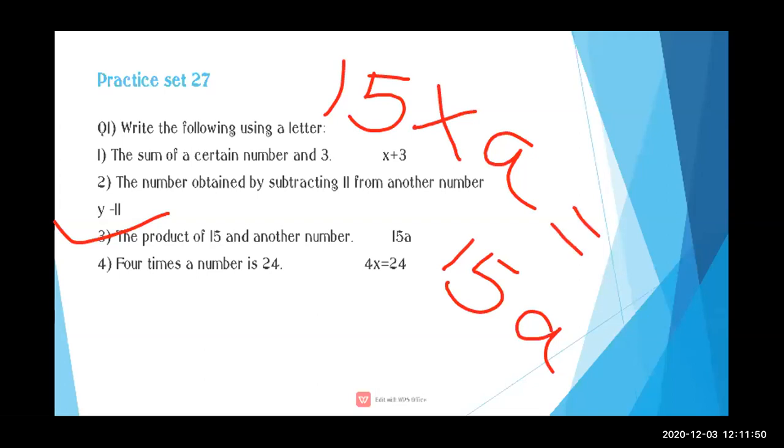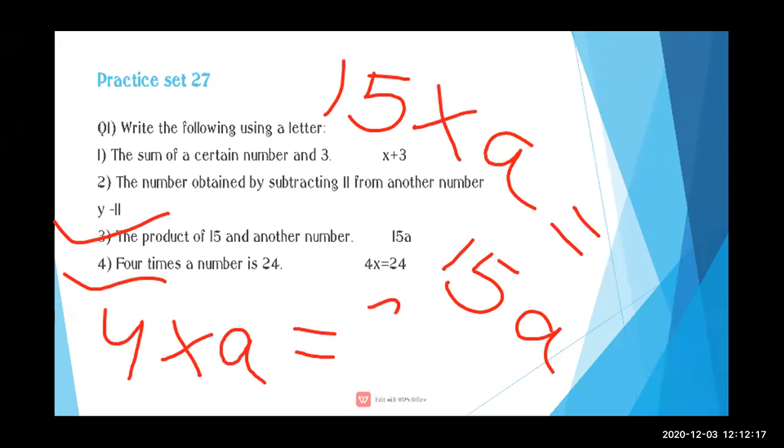Now we will move to our fourth sum. The fourth question is 4 times a number is 24. 4 times means 4 multiplied by a number. A number we don't know, so we will write 4 multiplied by a number. Is means equal. Is means equal, 24.